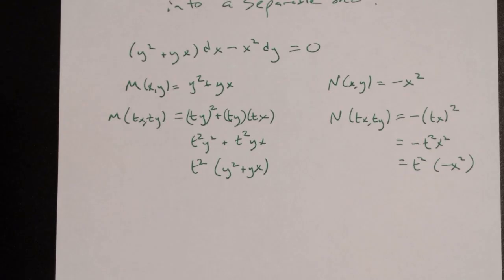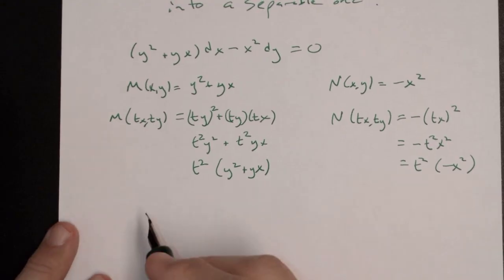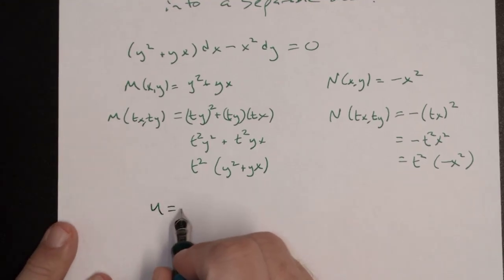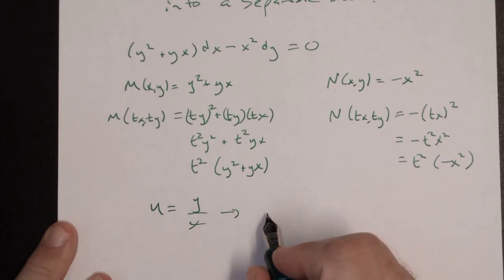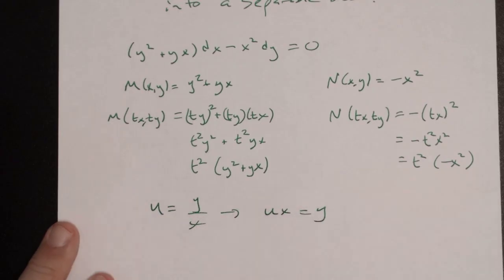I'm going to use one of my substitutions. We can either use U or V. Coin flip, U. U is y over x, or ux equals y. I want to use that in the equation.